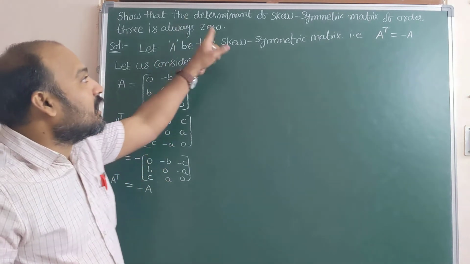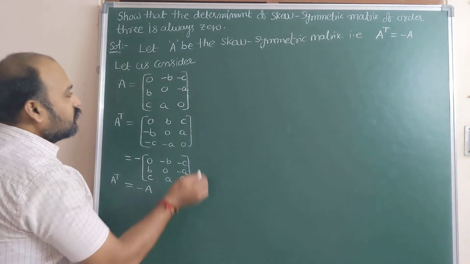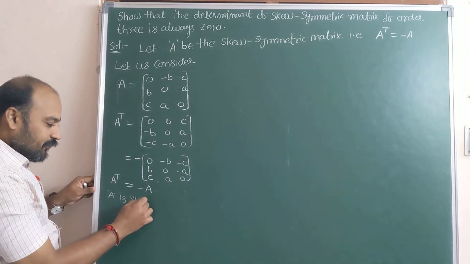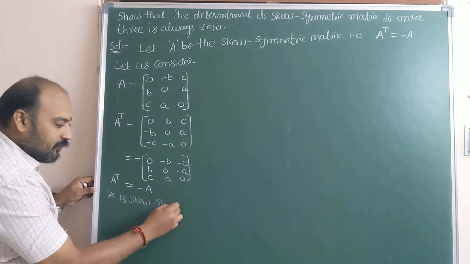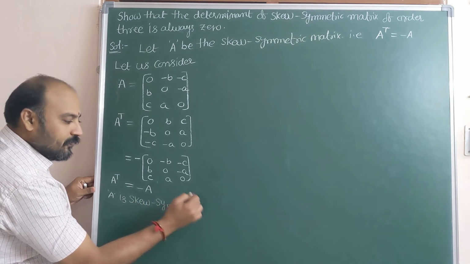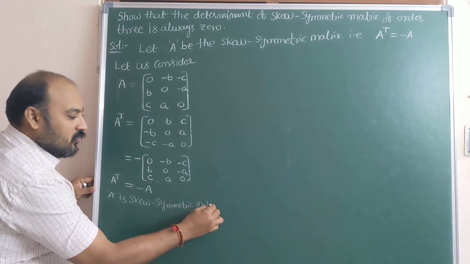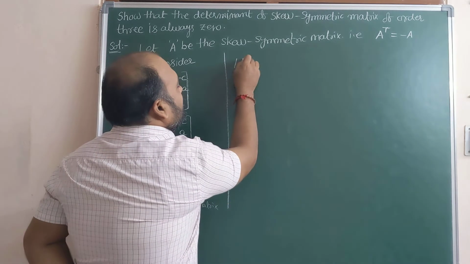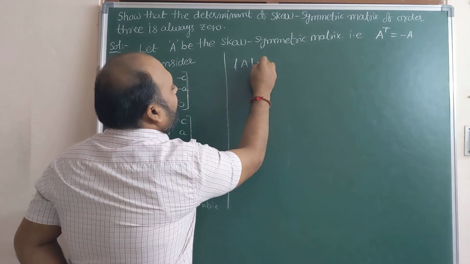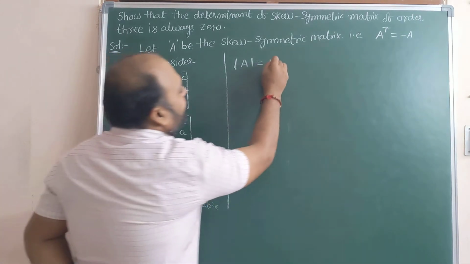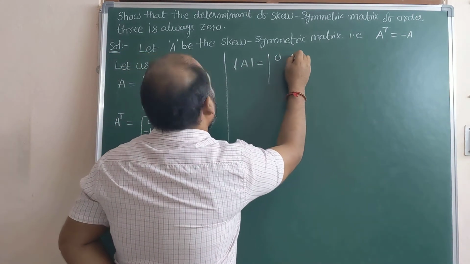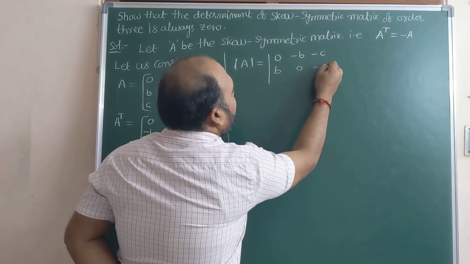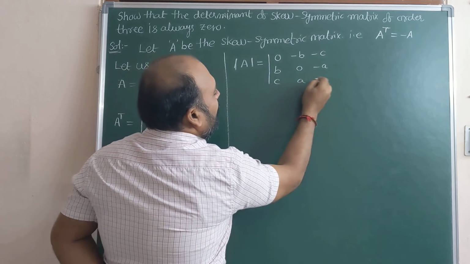So what they are asking is the determinant of the skew symmetric matrix. We proved that A is a skew symmetric matrix here. Now we will verify the determinant. So determinant of skew symmetric matrix, det A equal to determinant of 0, minus B, minus C; B, 0, minus A; C, A, 0.